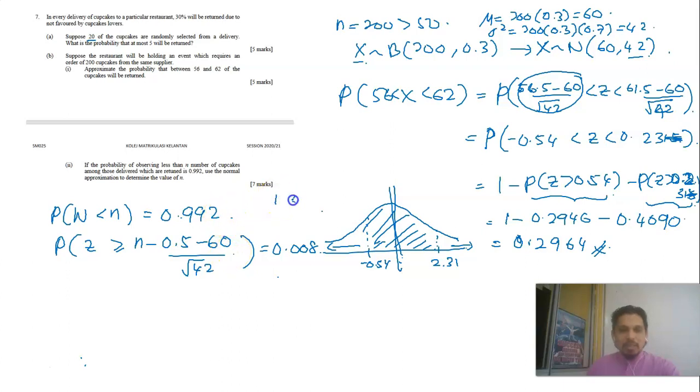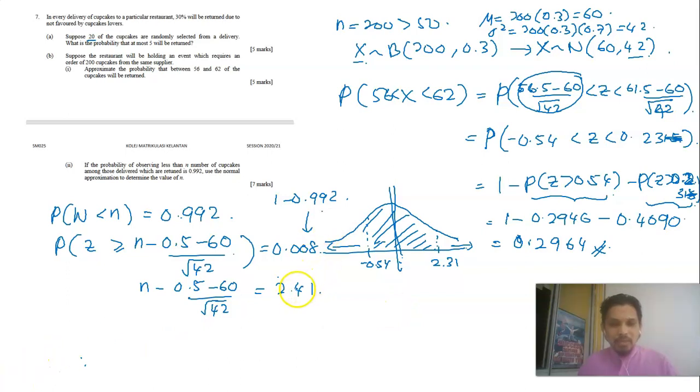So 1 minus 0.992 gives you 0.008. Where n minus 0.5 minus 60 divided by square root of 42 is equal to 2.41.